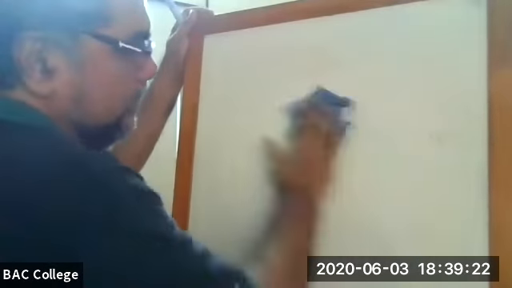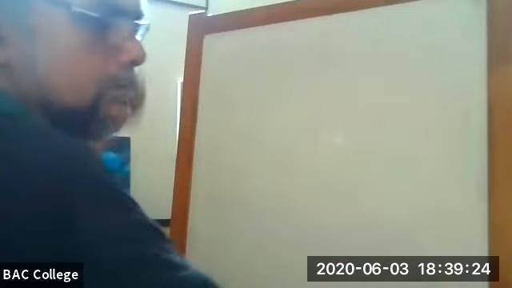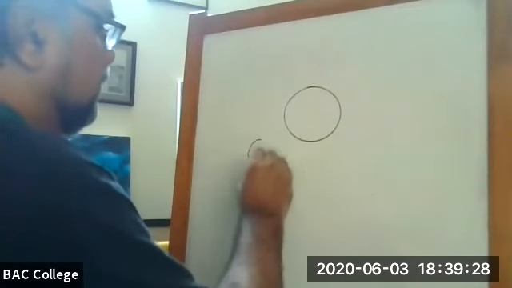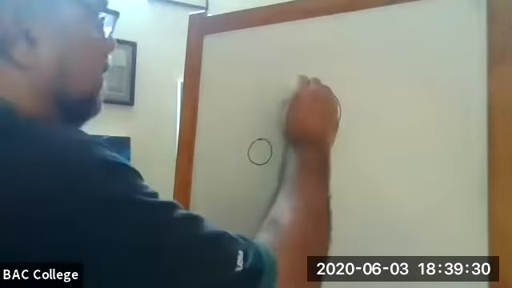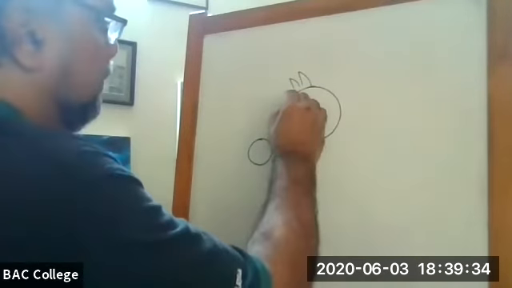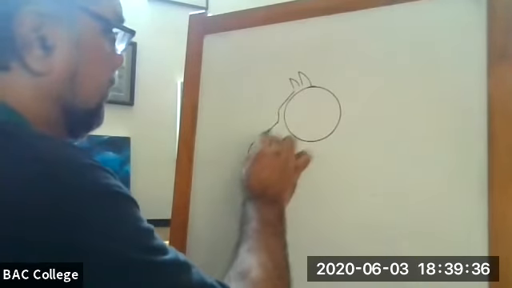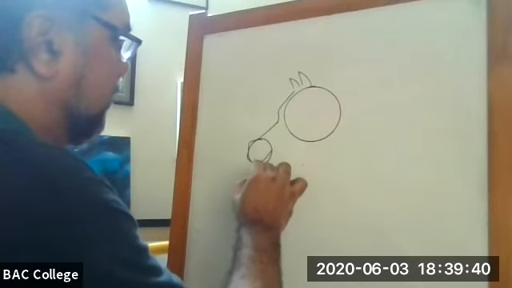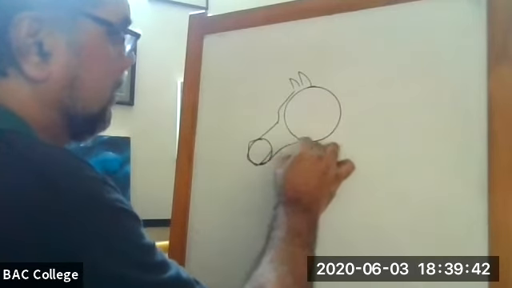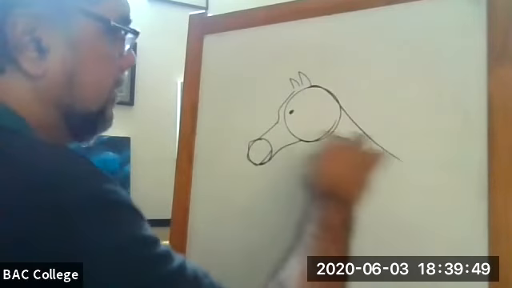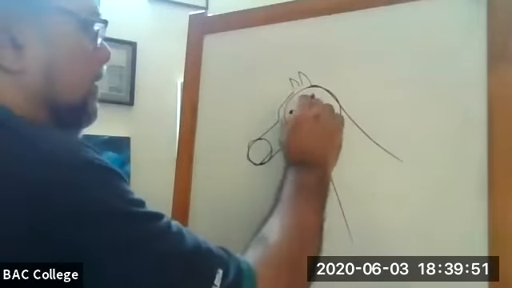Okay, so one more time. One circle and a smaller circle, right? The ears, right? The line here, the nose, the mouth, and the jaw, and the eyes, and the neck.